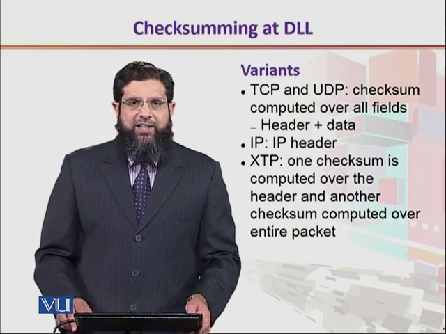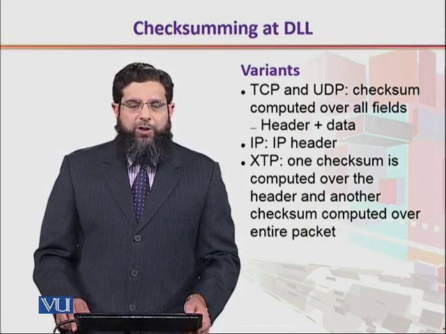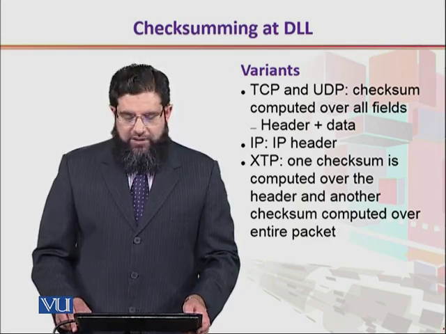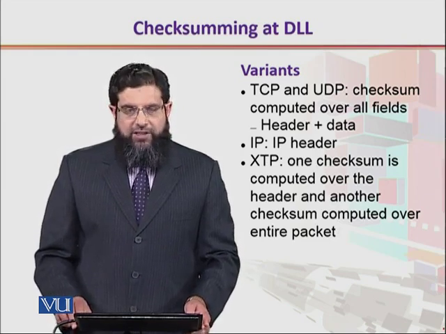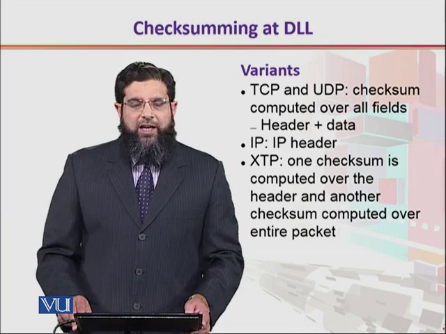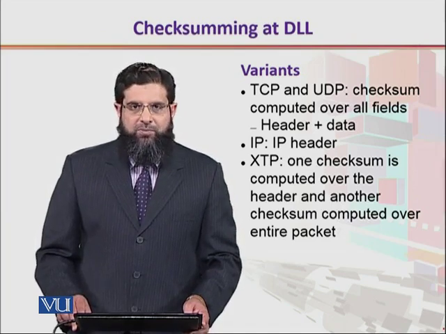With this basic idea of checksum, some variants exist depending upon how and on what they are used. For instance, in TCP and UDP, the checksum is computed on all the fields including the header and the data. In an IP datagram, only the IP header implements the checksum.